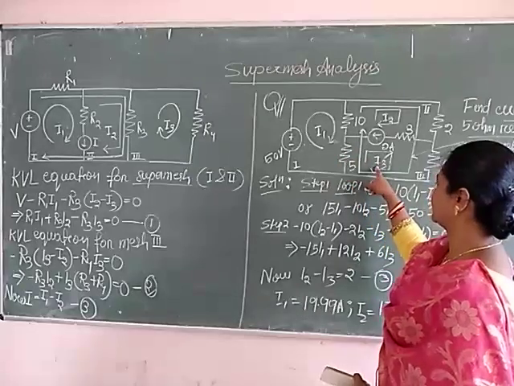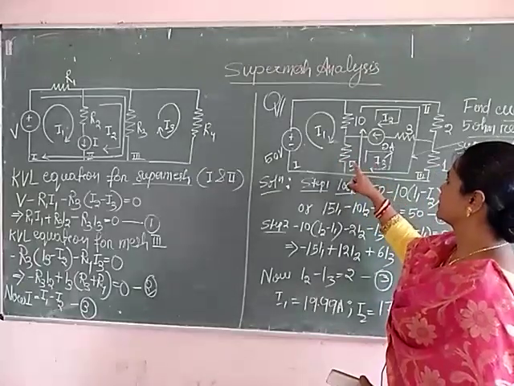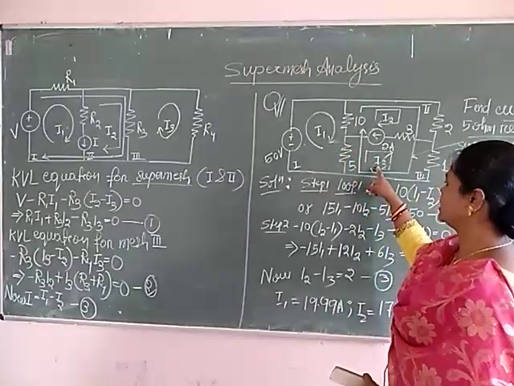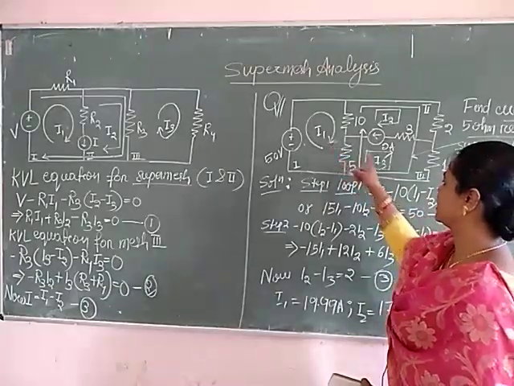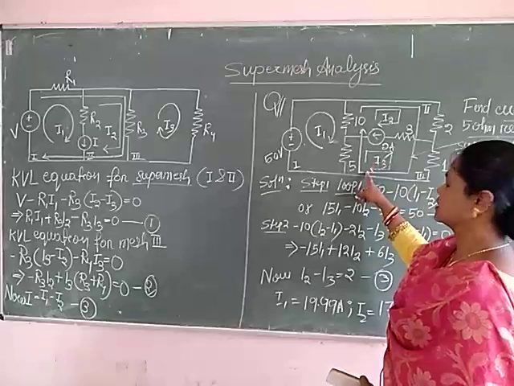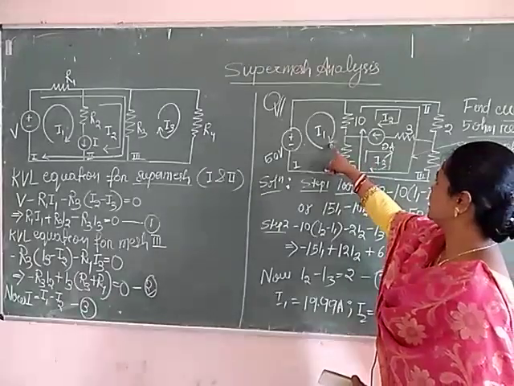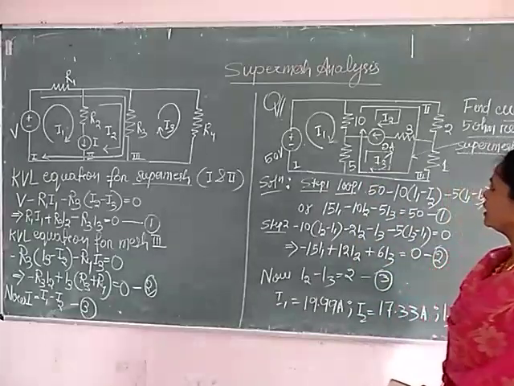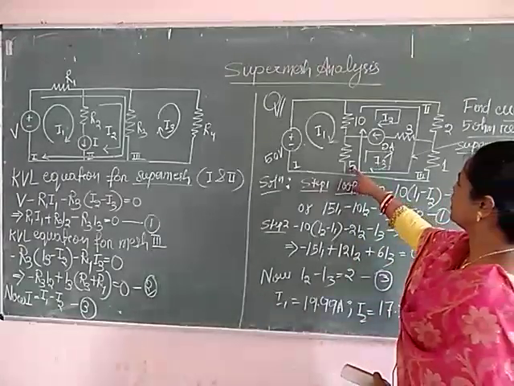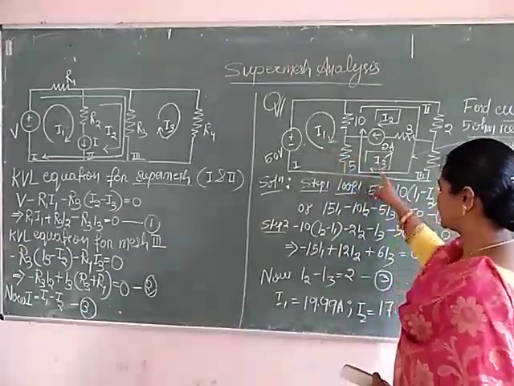If these two current directions are opposite, then the resulting current through 5 ohm is the subtraction of I1 and I3. So in this question, we see that I1 and I3 are opposite to each other. So finally, the current flowing through the 5 ohm resistor is I1 minus I3.